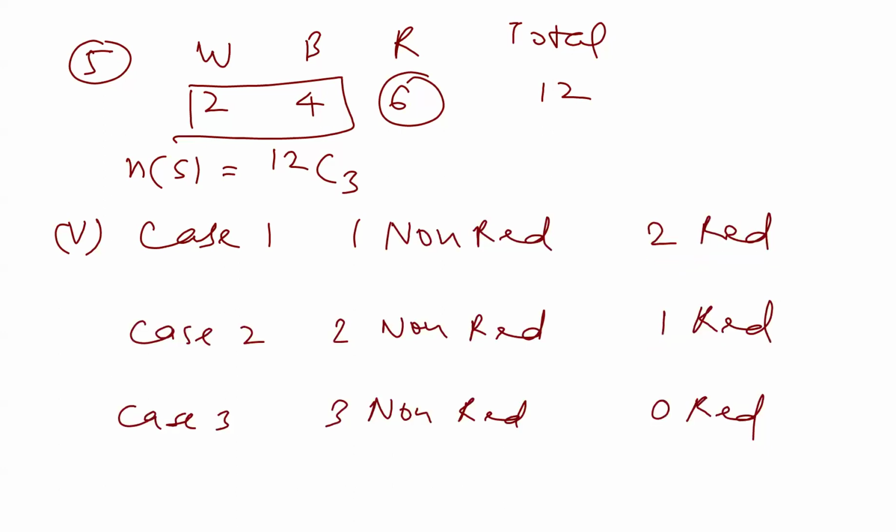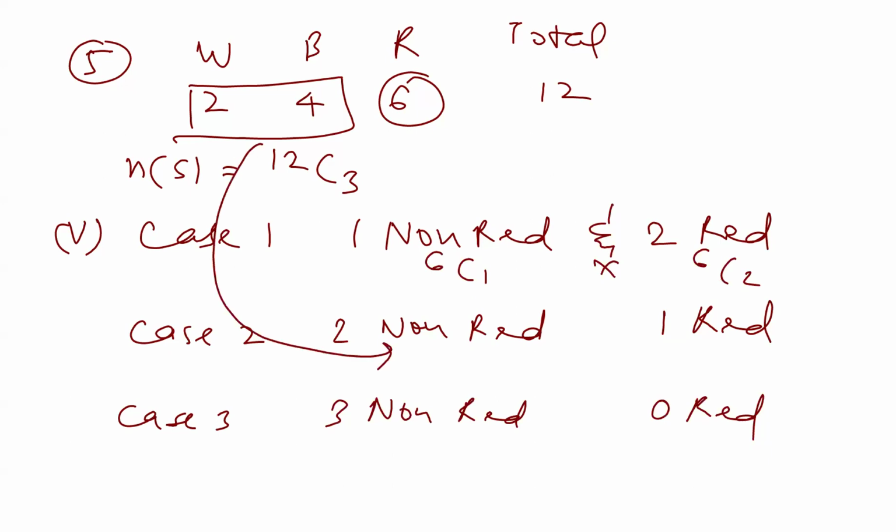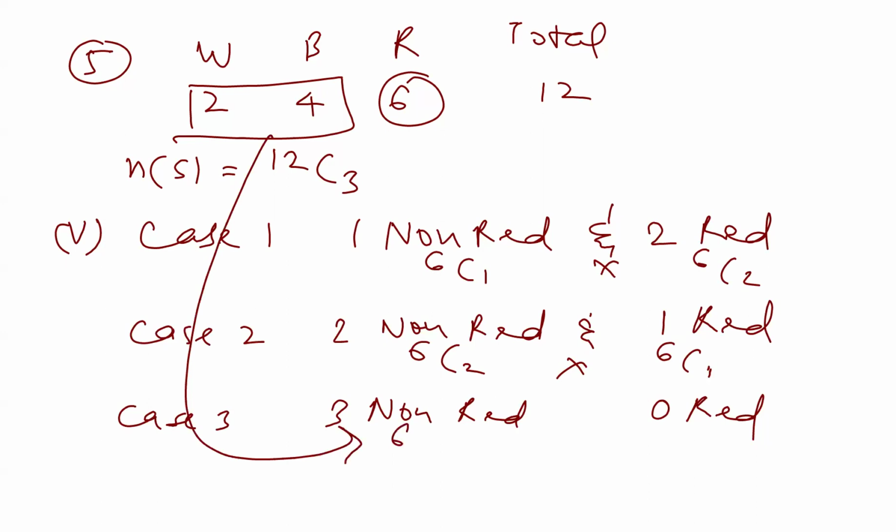So how to write this further? One non-red will be 6C1, and indicates multiplication, 6C2. So 6C1 and 6C2. Two non-red, 6C2, and multiplication, 6C1. And the last one, 6C3 and 6C0.